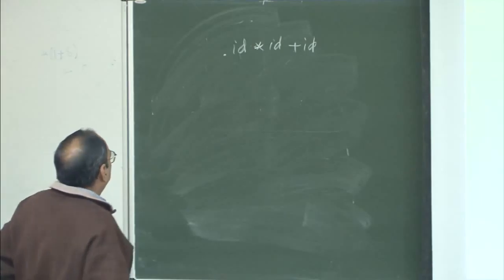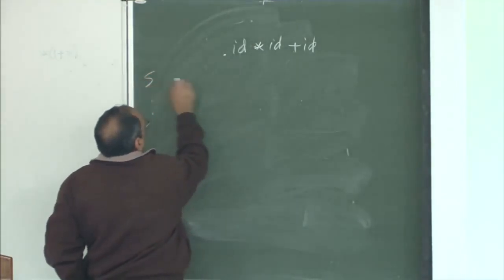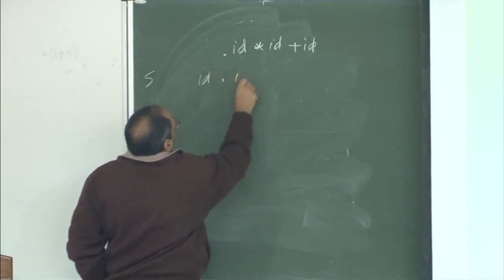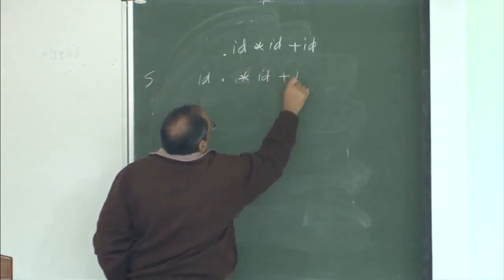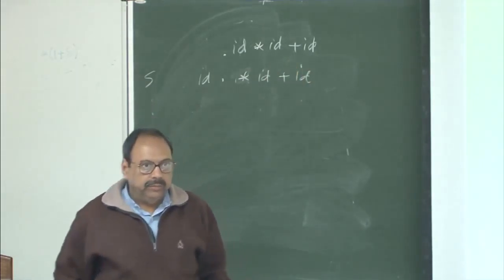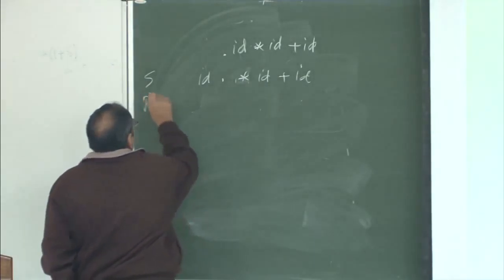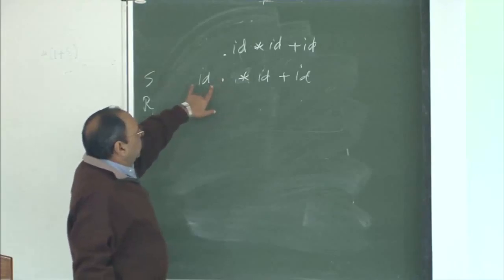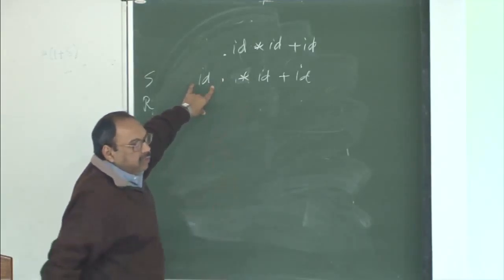So what I'll do now is, first I will do a shift. So my action is shift, which says that my string becomes of this configuration. And then I do a reduce, because I find that immediately on the left of dot there is a pattern which matches right inside of a production.